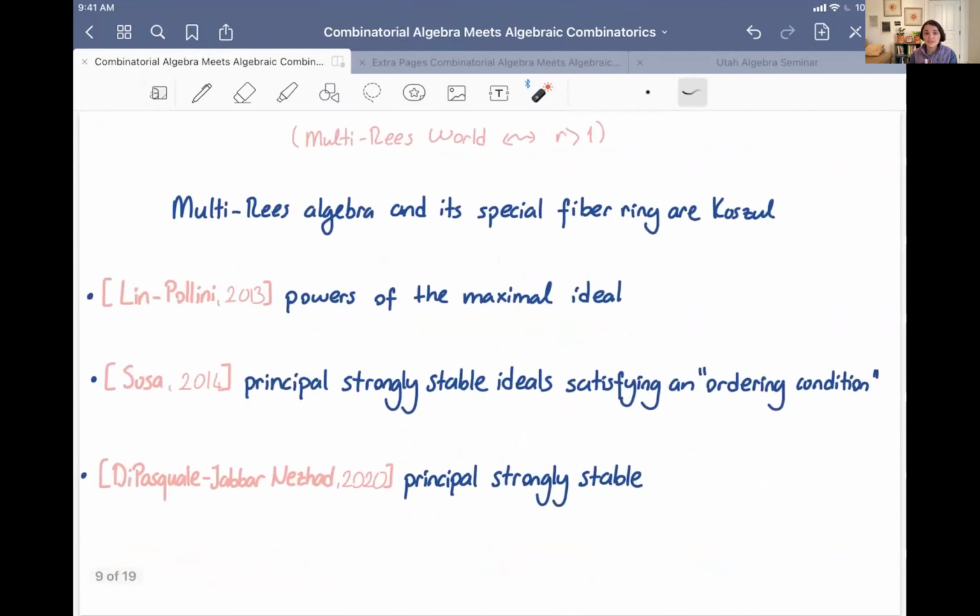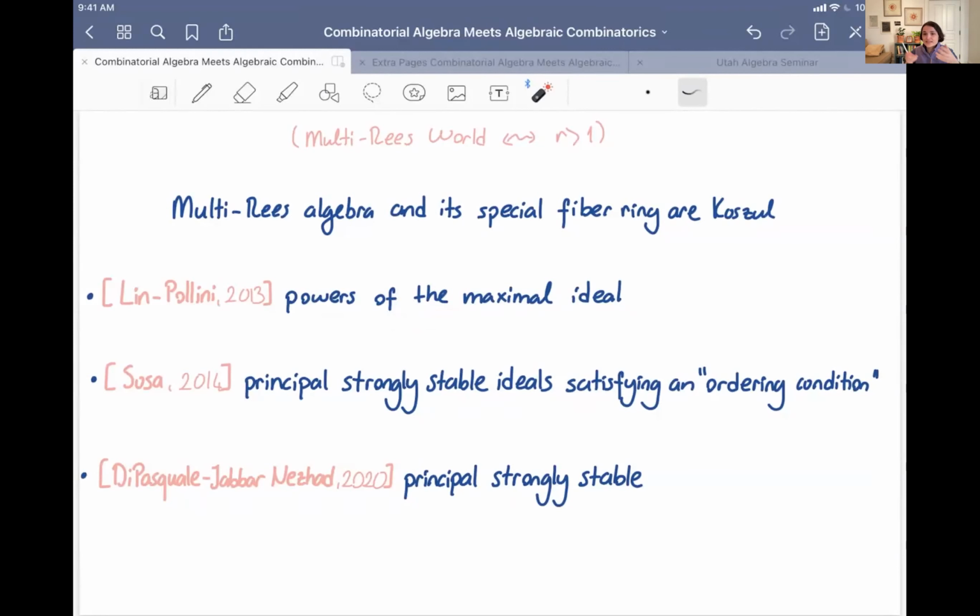So in the multi-Rees world, there isn't that much known actually. This is the known collection of strongly stable ideals whose multi-Rees algebras and special fiber rings are Koszul. So one of the results is from 2013 due to Lin and Polini, and they considered powers of the maximal ideal, homogeneous maximal ideal.